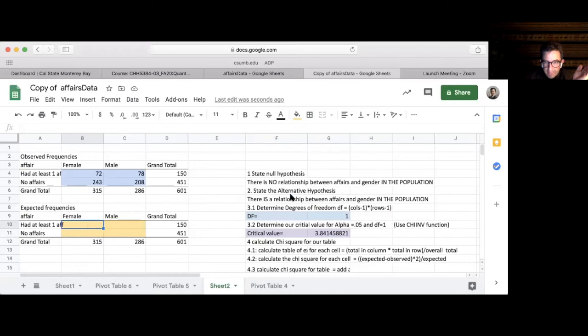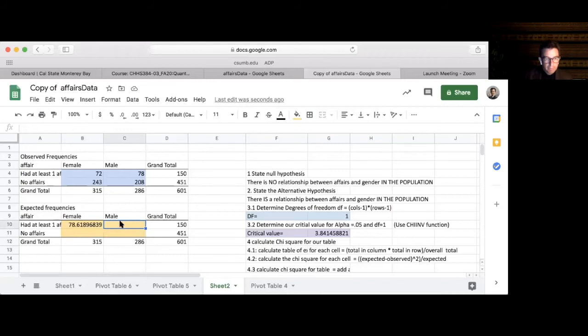And that's given by this little formula here, equal to the total in the column times the total in the row, close parentheses, divided by the overall total, 78.